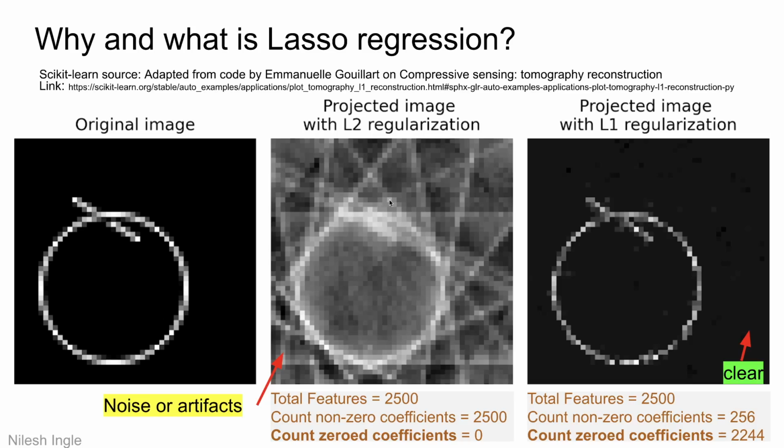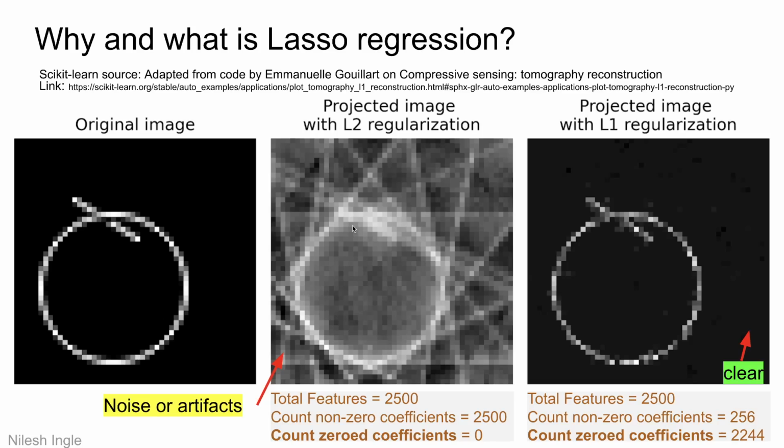And here, this is based on the L2 regularization, where we see that there are still several artifacts or noise around the actual image that's right here in the center.